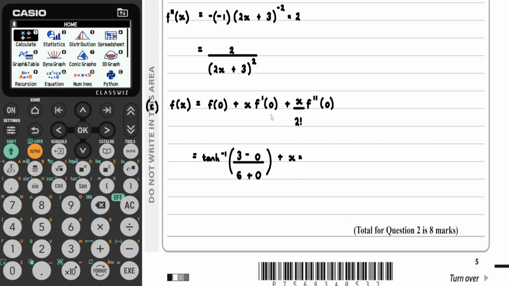Therefore, f dash of 0 will equal negative 1 over 2 times 0 plus 3. And then we add on x squared over 2 factorial, that is x squared over 2, multiplied by f double dash of 0. Here is f double dash of x, that's 2 over (2x plus 3) squared. So f double dash of 0 is equal to 2 over (2 times 0 plus 3) squared.